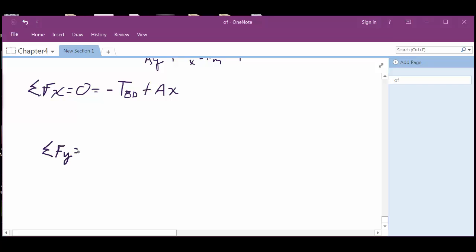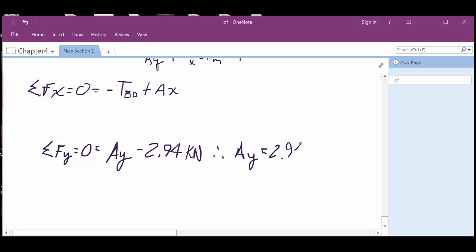I think actually I've got enough on that one to do something here. Well, let's see. I've got AY going up, right? Minus the 2.94, which was that weight that we're actually trying to support, 2.94 kilonewtons. Therefore, AY equals 2.94 kilonewtons, doesn't it?